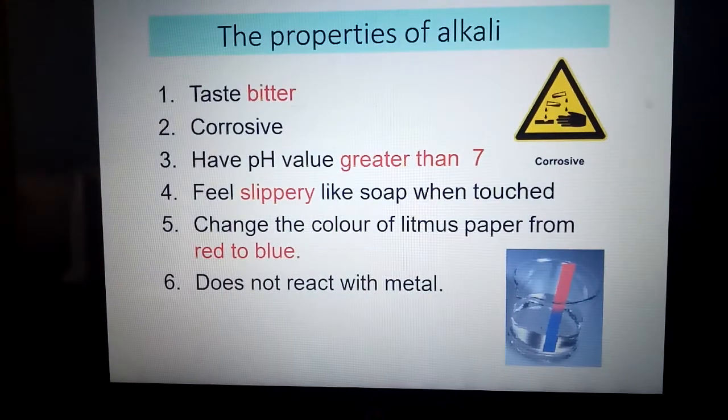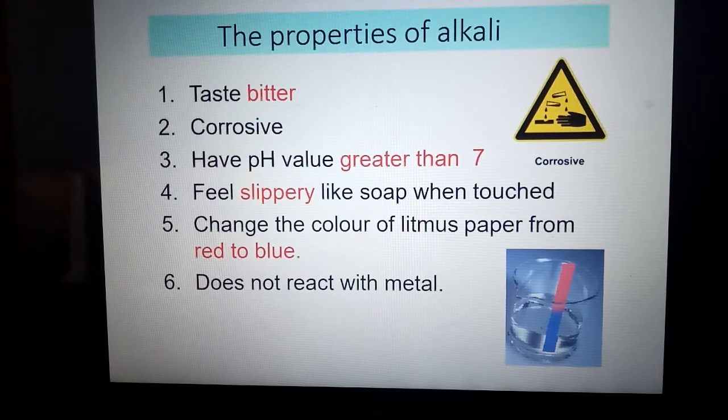For the properties of the alkaline, most of the alkaline is bitter in taste. Most of them are corrosive, especially the concentrated one. And for alkaline, the pH value is greater than 7, meaning that it starts from pH 7 plus plus.